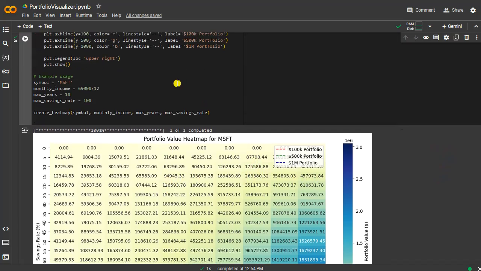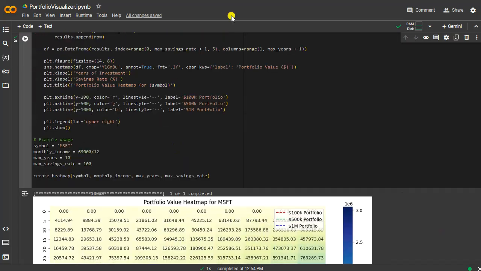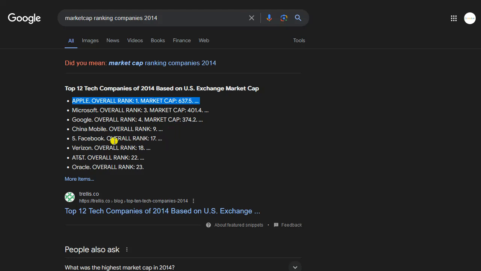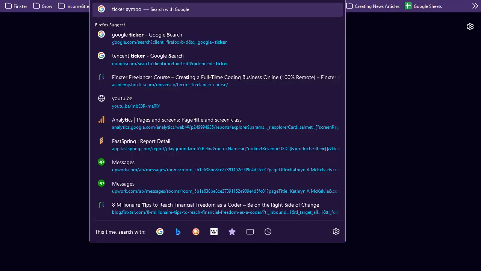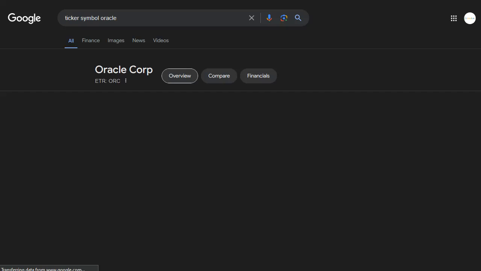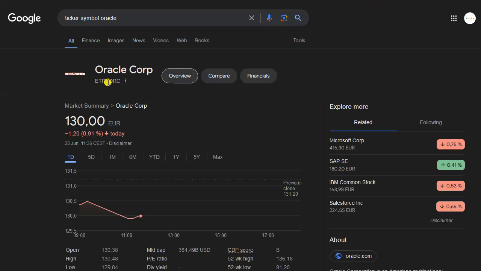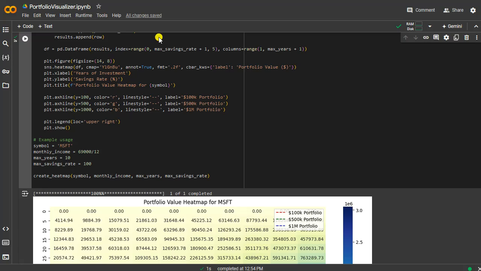So let's check out the market cap ranking here. Something like, say, Oracle, for instance. 10 years ago, Oracle was a big company, but not the biggest company. What is the ticker symbol of Oracle? ORCL.